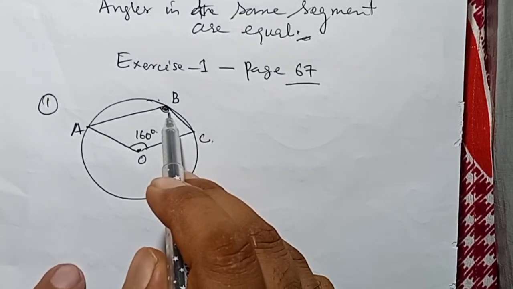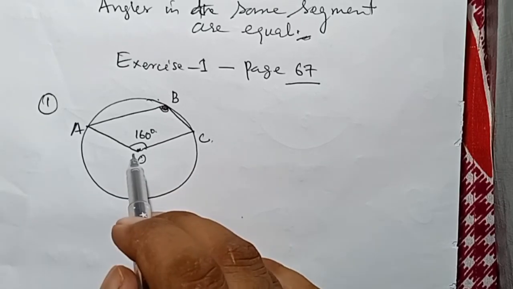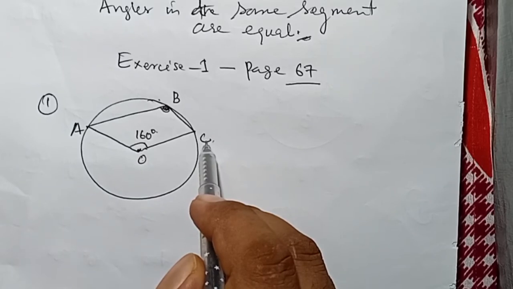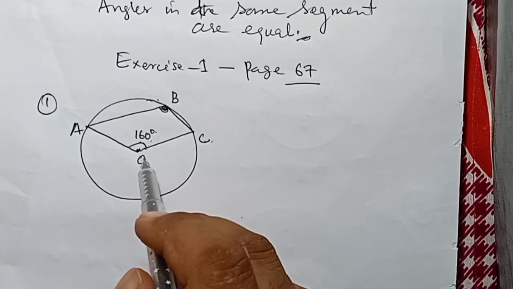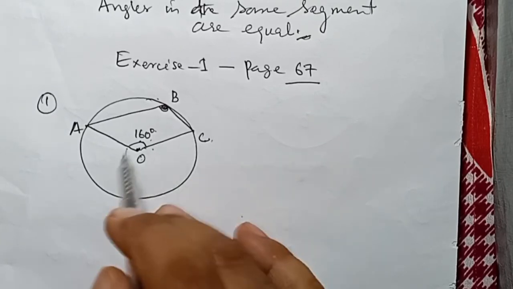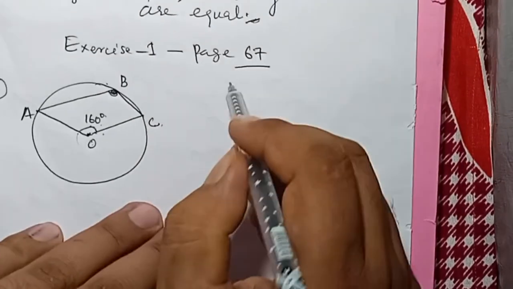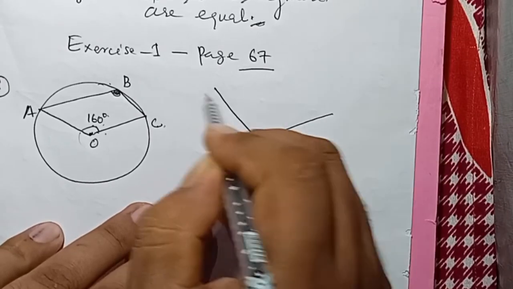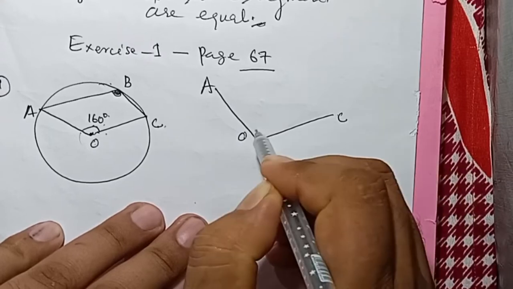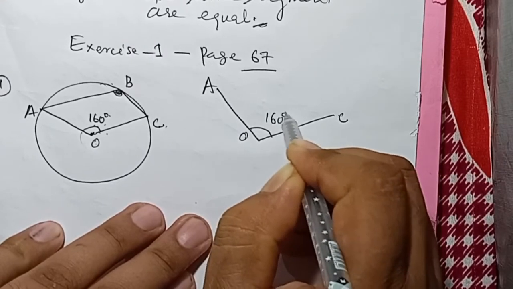We need to find the angle B. You can see here angle AOC is 160 degrees. What is reflex angle AOC? You can see here it's A, it's O, it's C. This one is 160 degrees.